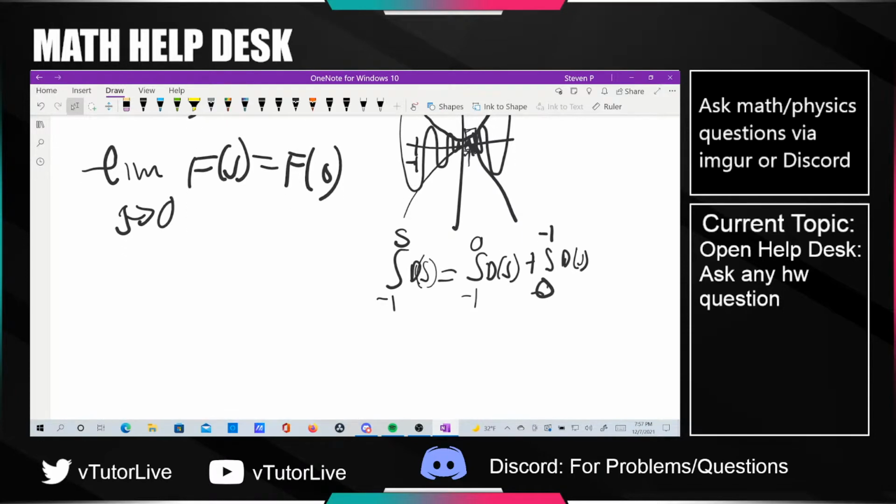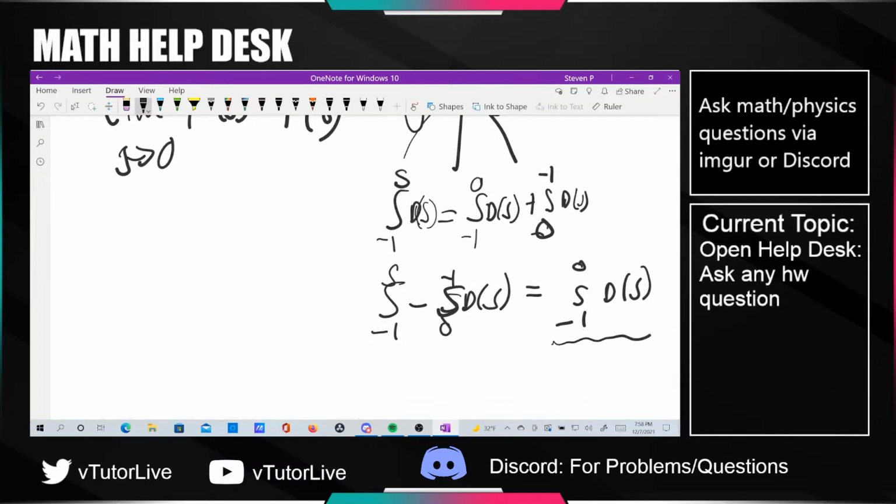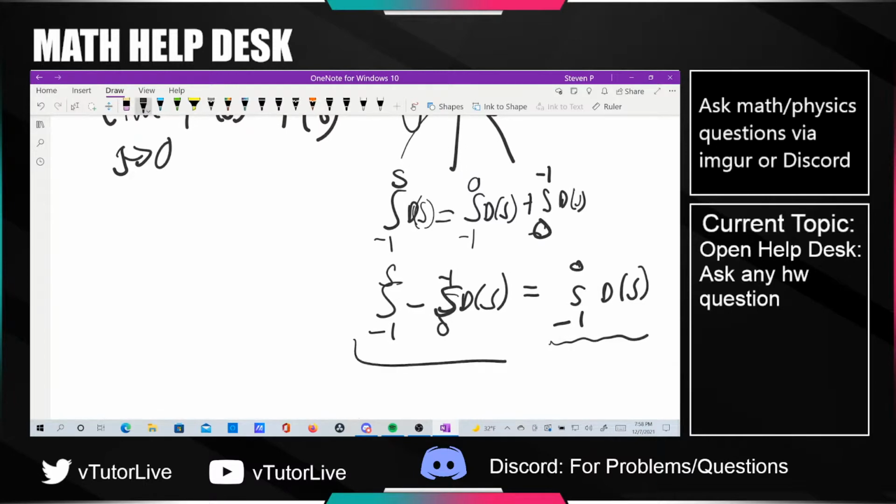Basically, minus the integral of d of s from 0 to s. So this side doesn't require a limit at all, right? It's just a straight up number. But the idea here is if you take the limit of both of these pieces, you can kind of try to prove to yourself that this piece goes away to 0 as s goes to 0.